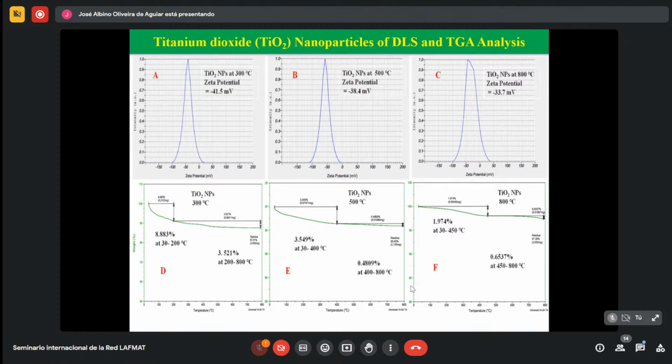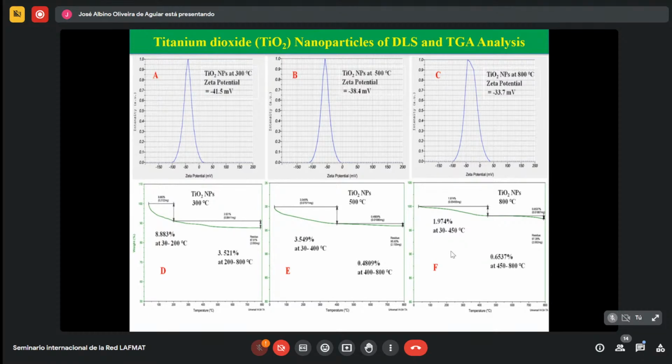At 800 degrees, it is very sloped. At lower temperature, the zeta potential is minus 41 millivolts, and at 800 degrees, minus 33.7 millivolts. It shows the nanomaterial is very stable at lower temperature, and we are going to confirm with the standard. That is the DLS analysis.